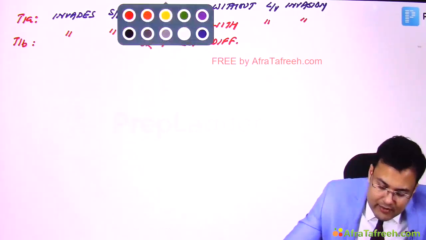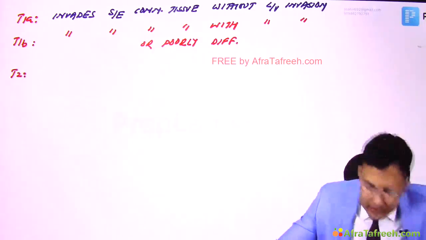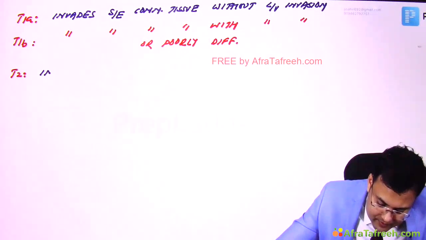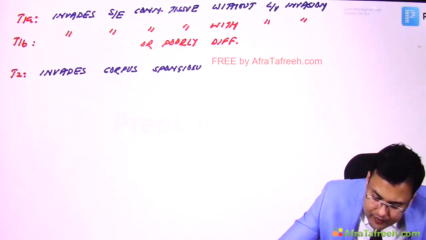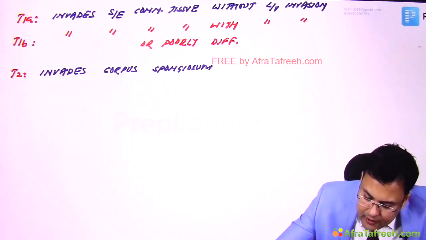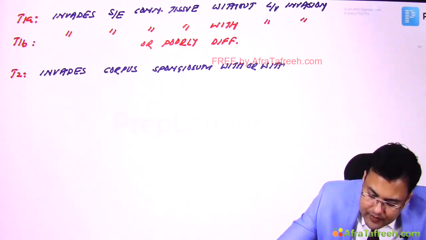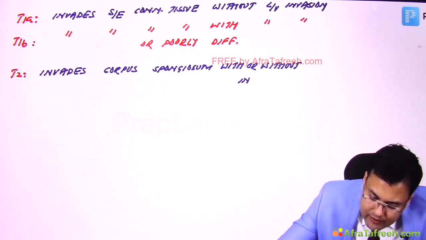Okay, so one by one see what's T2. Here tumor invades corpus spongiosum with or without involvement of urethra.